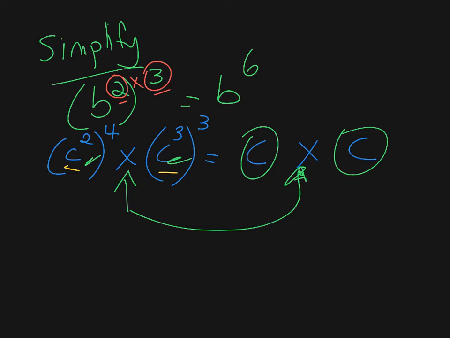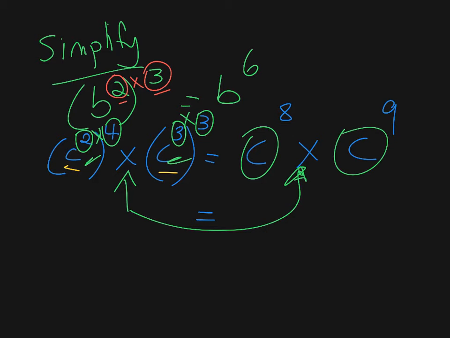Okay, now remember when we're raising powers from brackets, we need to multiply. So 2 multiplied by 4, 3 multiplied by 3. So 2 multiplied by 4 is 8, and 3 multiplied by 3 is 9. We can further simplify this.